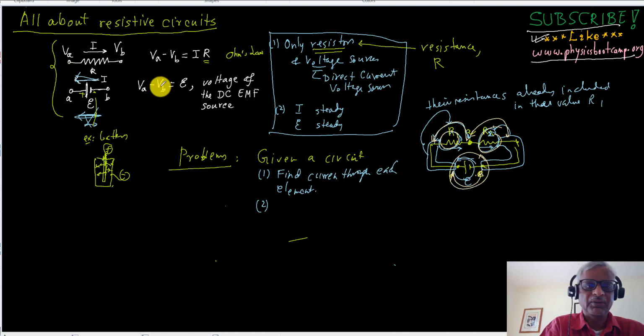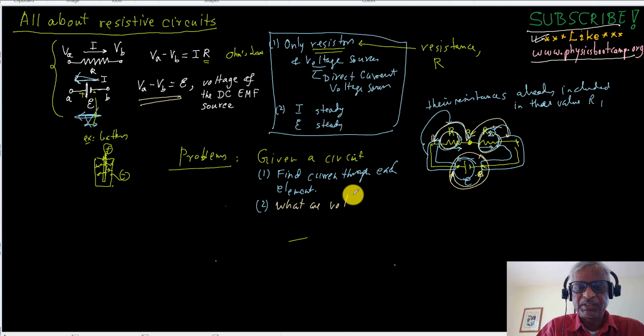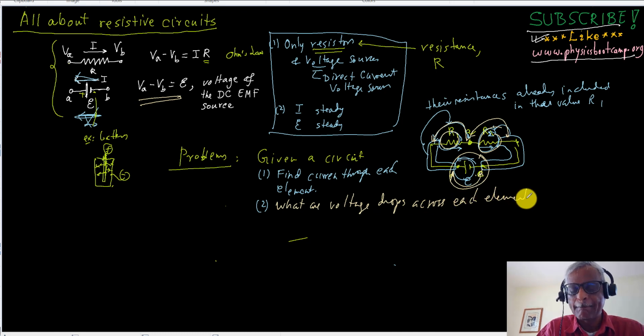So this one is actually already given by the original relationship. So what are the voltage drops across each element? Now you can see that these two questions are kind of related.